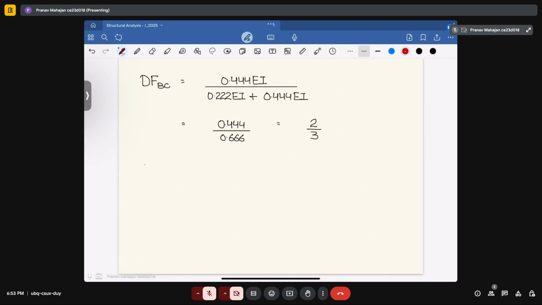Now the next step is to calculate fixed end moments.